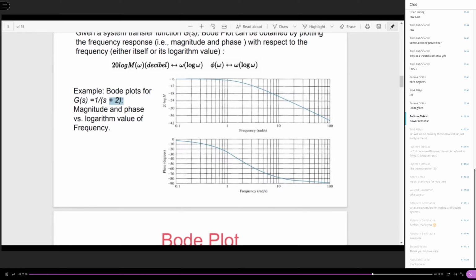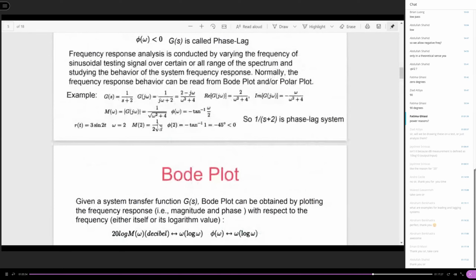Specifically for this special example, if you draw it, it's basically this. This plot, you can always use MATLAB to generate it.